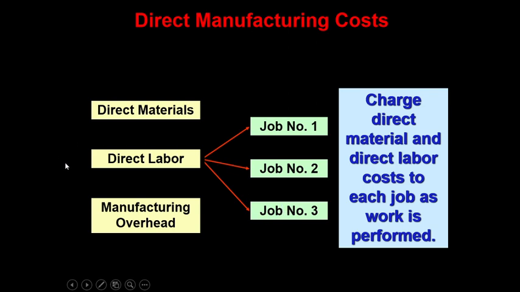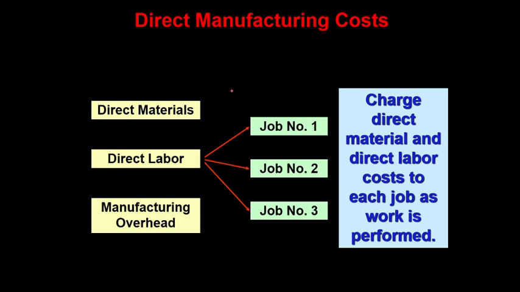For example, Mr. A has a rate of 500 pesos per hour. For job 1, he used 1 hour, 2 hours for job number 2, and 3 hours for job number 3. You simply multiply that and you will get the cost for direct labor.